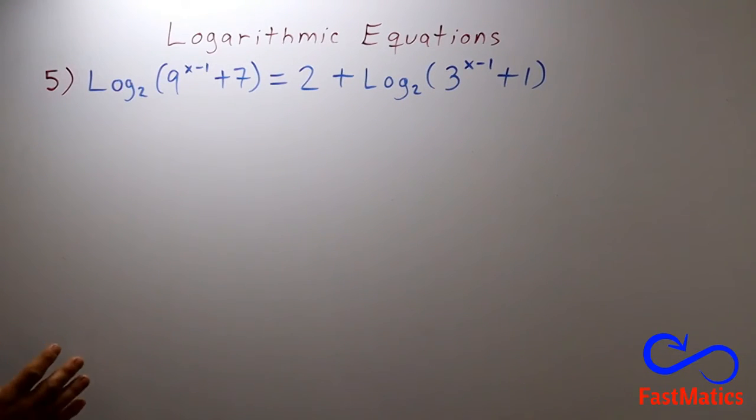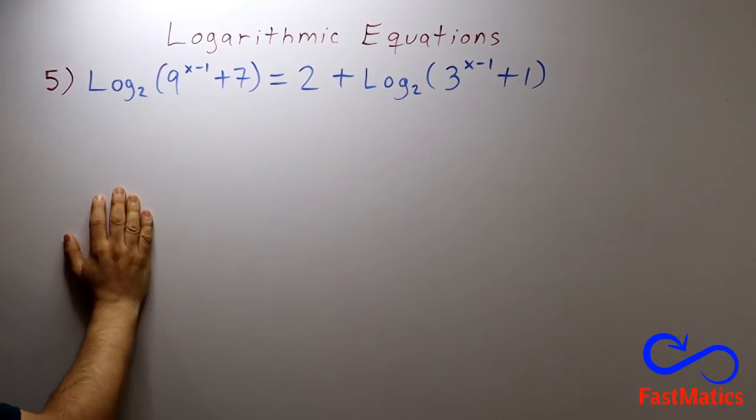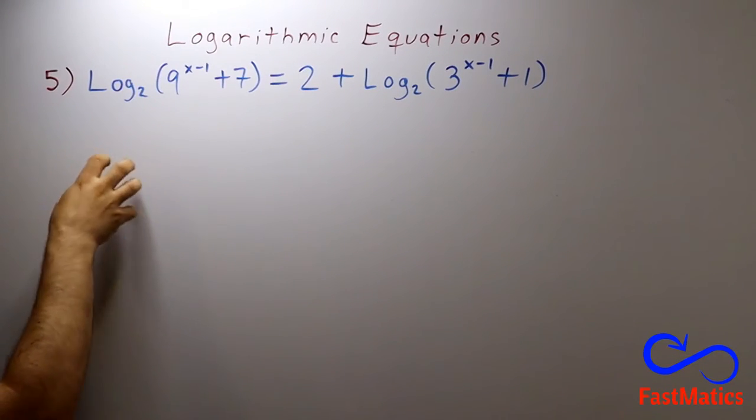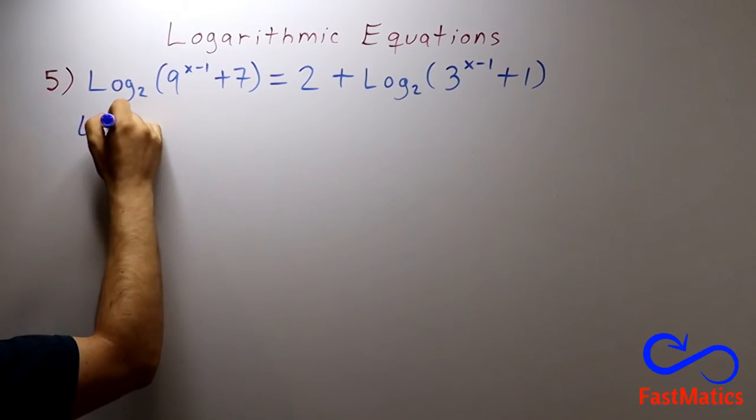Then I have to think how to get only one term on the left side and only one term on the right side. So I can see that if I pass this logarithm to the left side, I can use the logarithm properties. So I will do it.